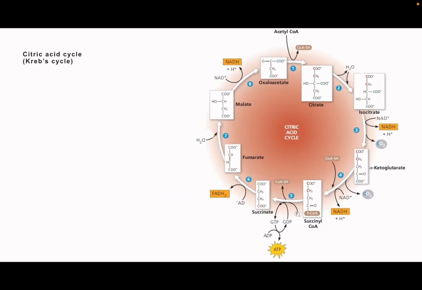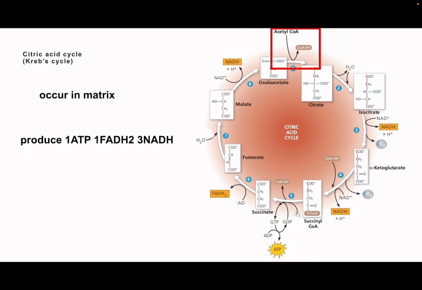The third step is the citric acid cycle, also called the Krebs cycle. It occurs in the matrix. In this process, 1 ATP, 1 FADH2, and 3 NADH are produced. First, acetyl coenzyme A adds its 2-carbon acetyl group to oxaloacetate, producing citrate.